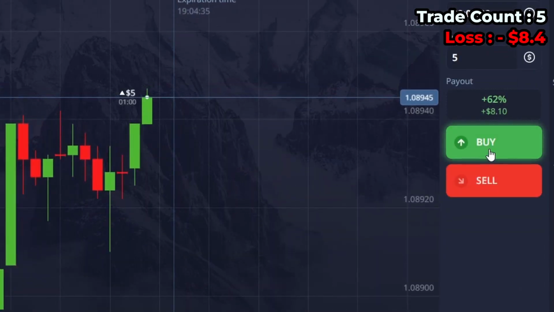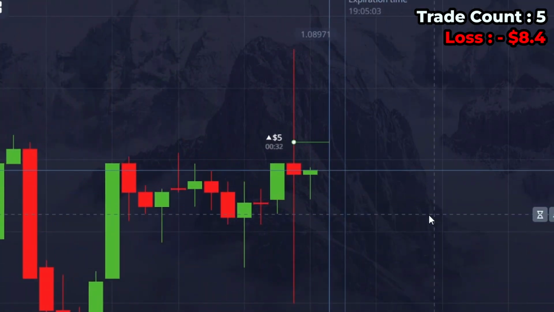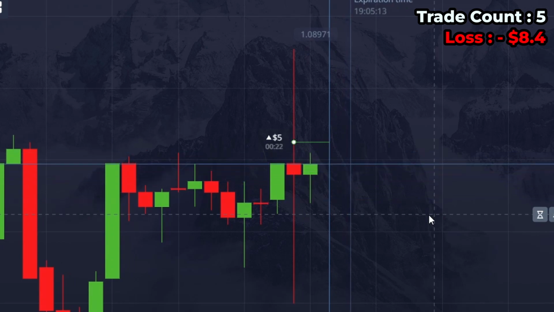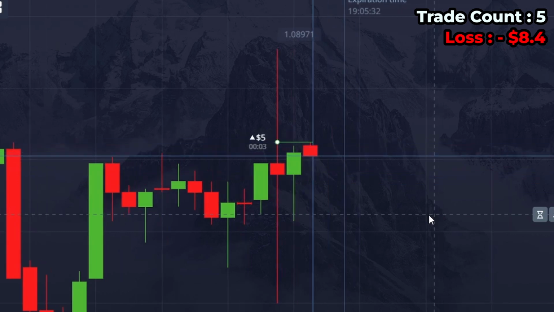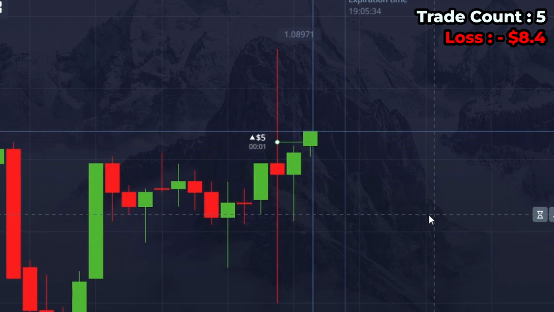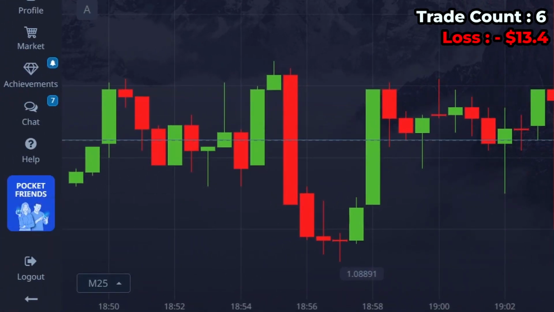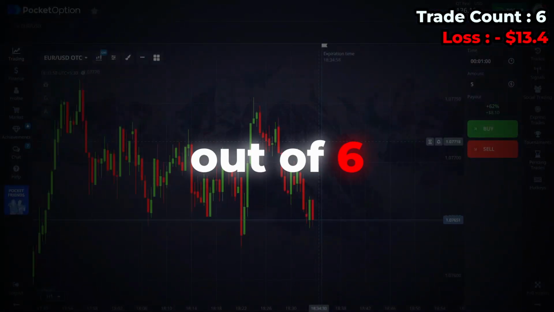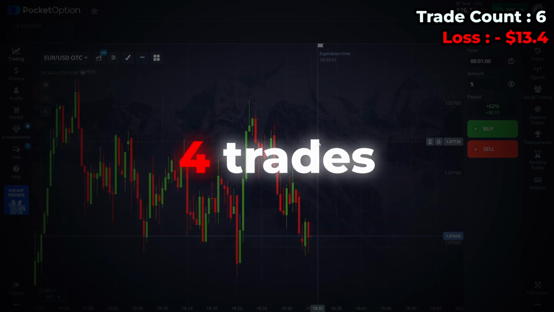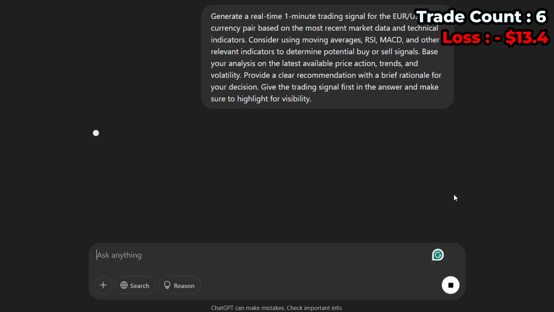A buy signal again. Unfortunately, we lost that trade as well. So far, we're only able to win 2 trades out of 6, which means we've lost 4 trades. Let's ask ChatGPT to give us 2 final signals.